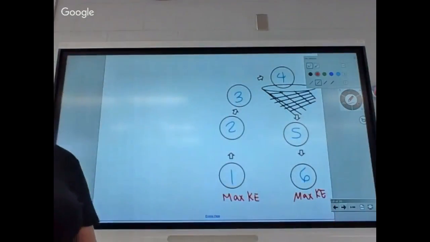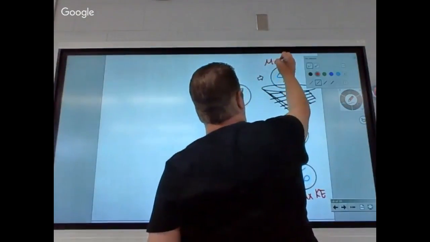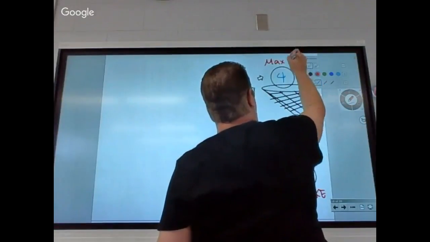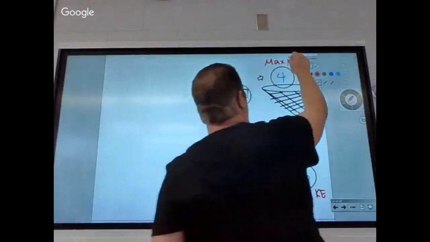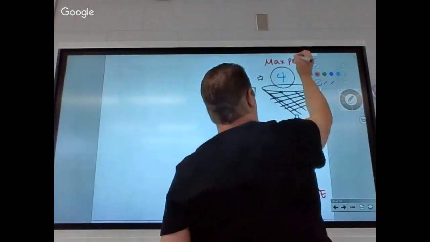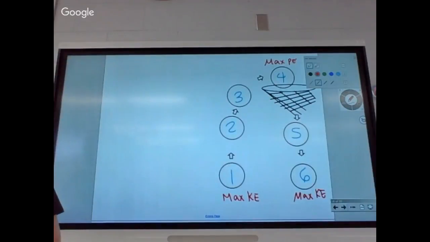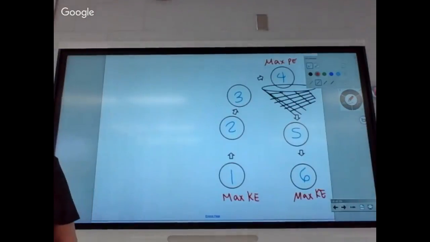Okay. Potential is 4. Now, questions about why your classmates gave those answers. Whoops, I wrote KE because I couldn't read my own handwriting when I was trying to fix it. All right. Where do we say KE was always at? The bottom. Where do we say PE was always at? Questions about that. It never changes.